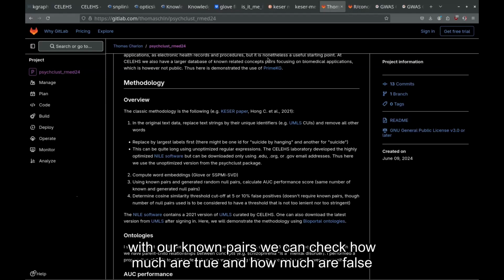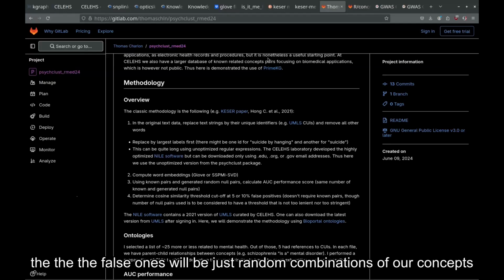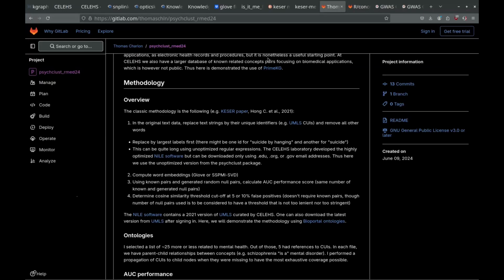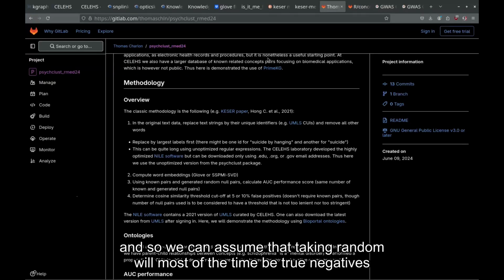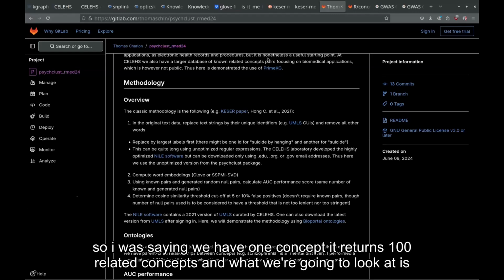With our known pairs, we can check how many are true and how many are false. The false ones will be just random combinations of our concepts. Since we have a large number of concepts, the number of related concepts should be much smaller. And so we can assume that taking random pairs will most of the time give true negatives.